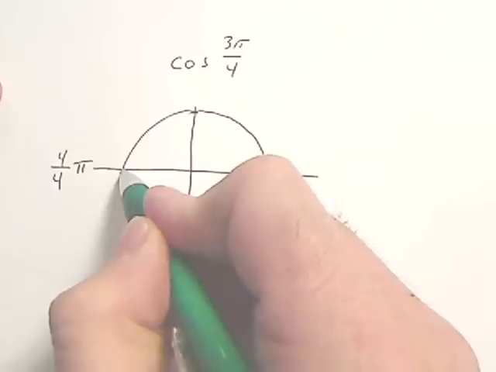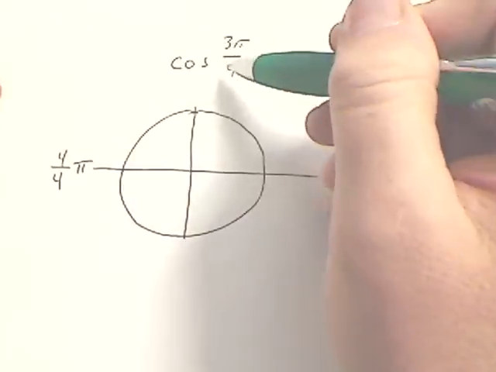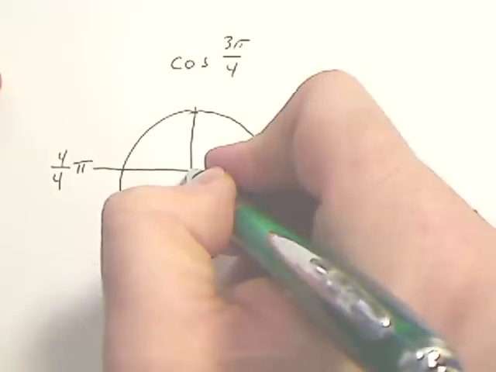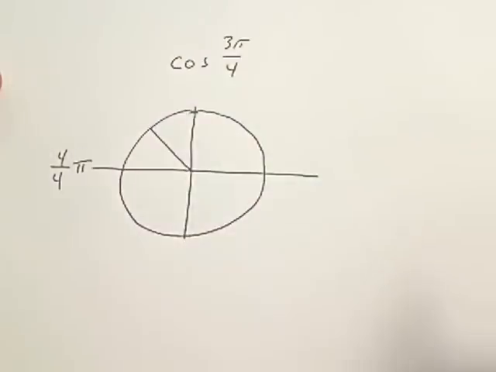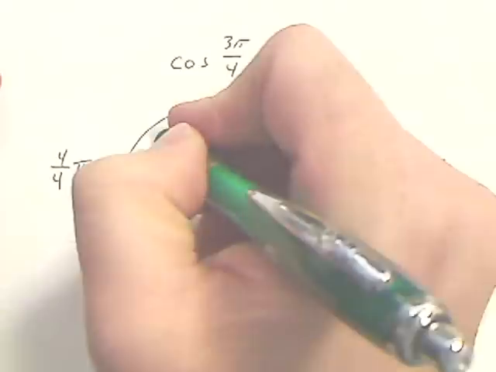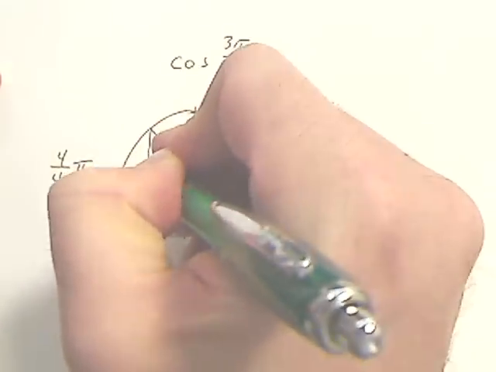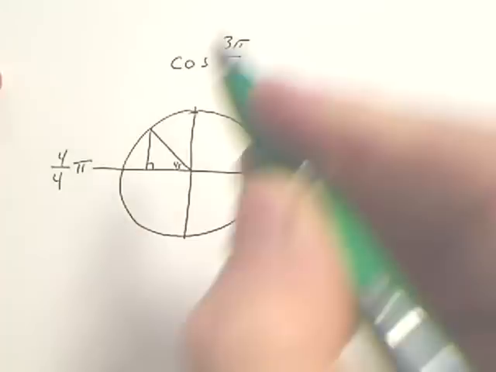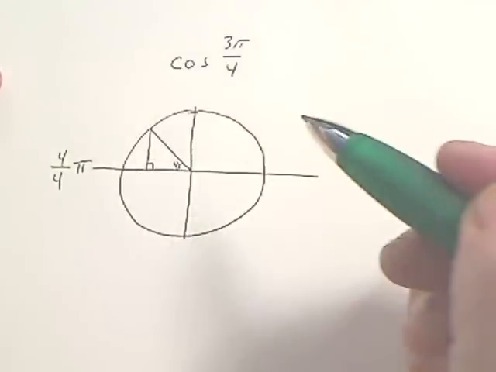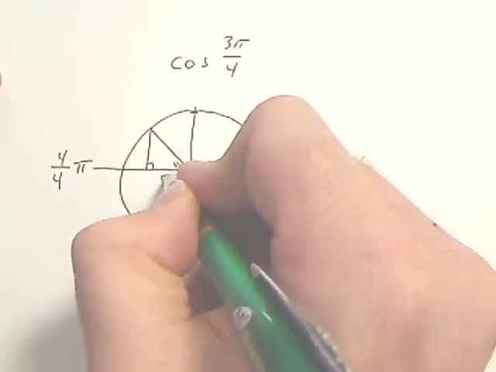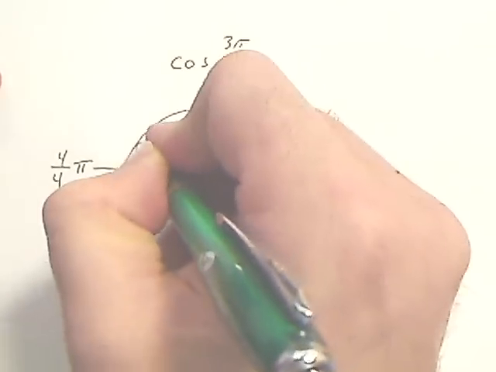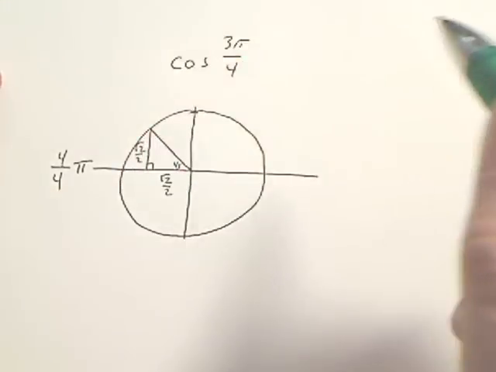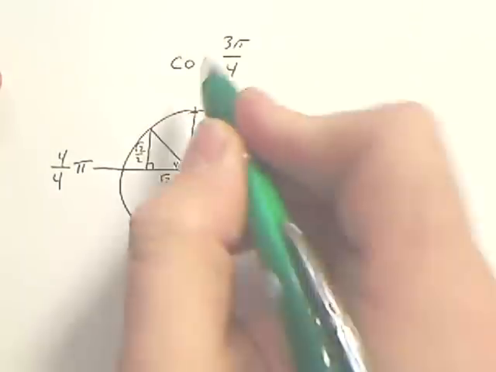So once you know where 4 over 4 is, you can best guess where 3 over 4 would be, which would be in the quadrant right before it. Make your angle, drop your triangle, put 45 as your reference angle because of that 4. The nice thing is, when you recognize it's a 45, 45, 90, you know that both legs are the root 2 over 2. Now you just have to figure out whether it's positive or negative.